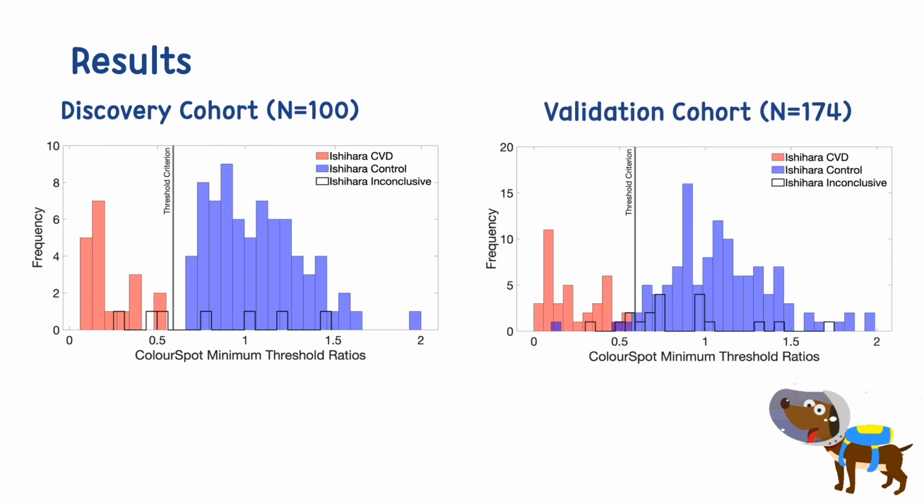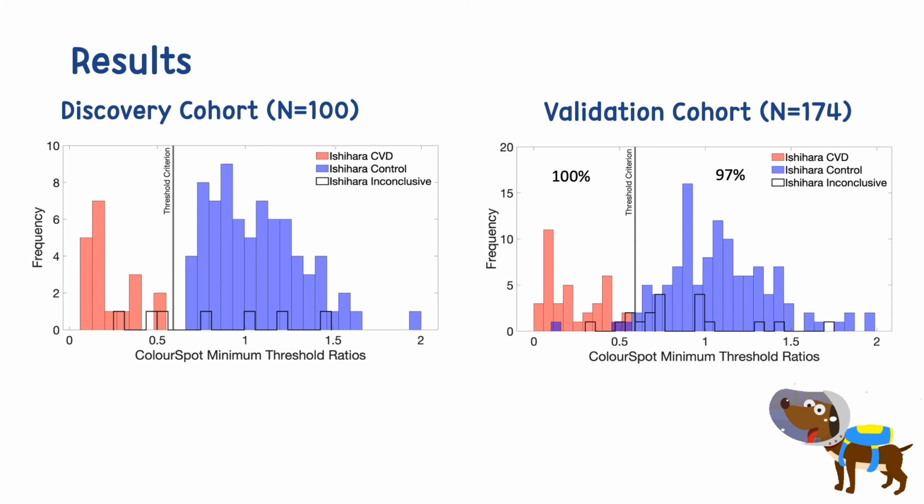When we reapply this to the validation cohort, we can see that we still share similar findings. We can see that 100% of those in the CVD group were also diagnosed as CVD by ColourSpot, and 97% of those diagnosed as normal by the Ishihara were also normal by ColourSpot.